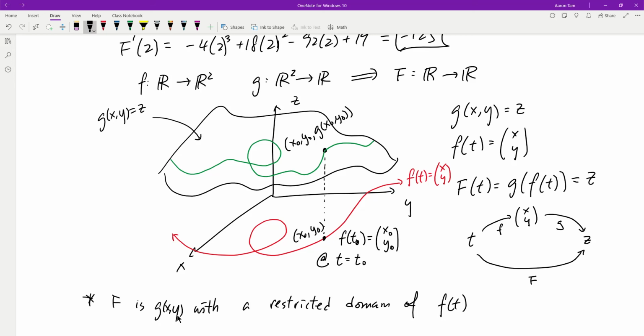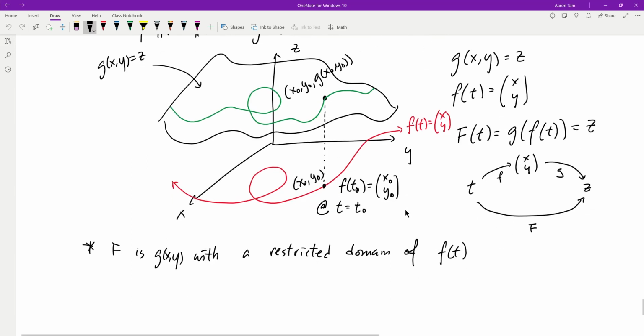Essentially, the function F does what g does, because it has the same exact output, z. But the difference is that instead of the function g, which allows the domain to be the entire xy plane, when I form this composition, called capital F, I'm restricting the domain of g to just this one curve.